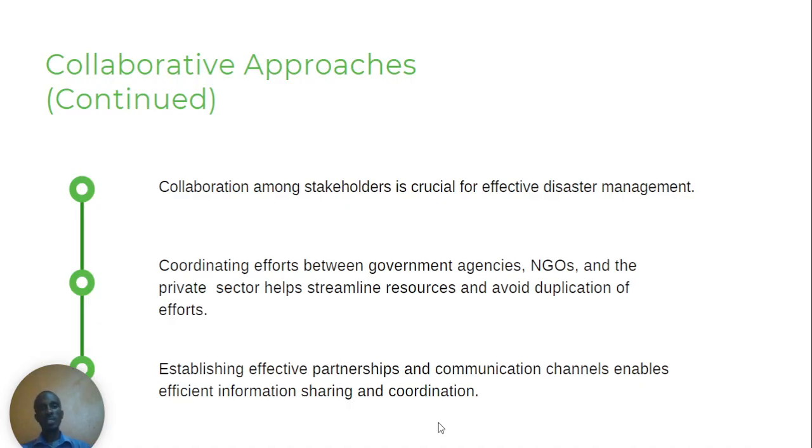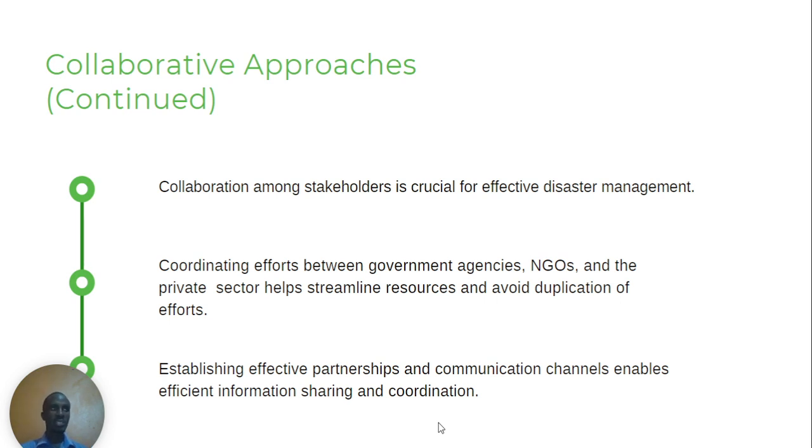So collaboration between stakeholders is crucial for effective disaster management, and coordination efforts between government agencies, NGOs, and the private sector help to streamline or to effectively use resources and avoid duplication of efforts. So the efforts that are put in place to manage these disasters should not be duplicated.